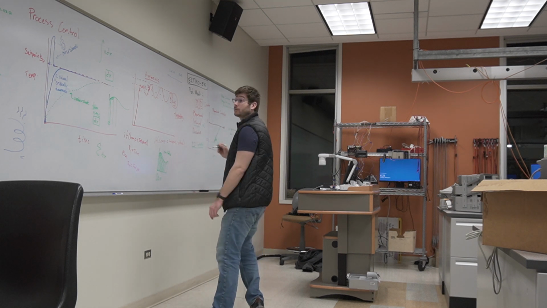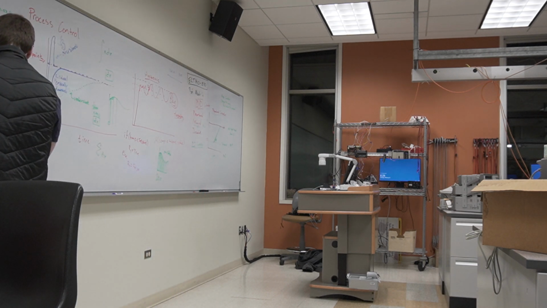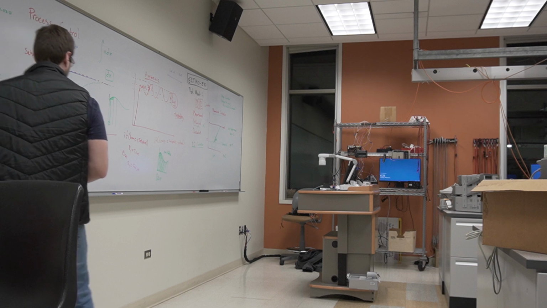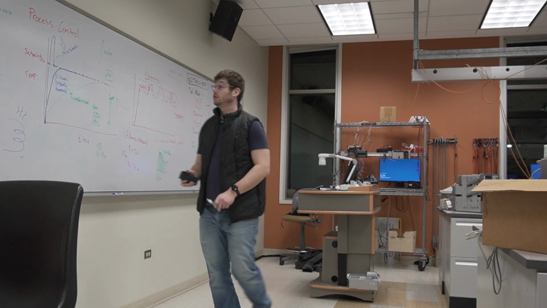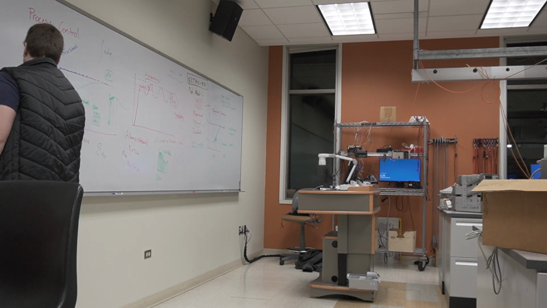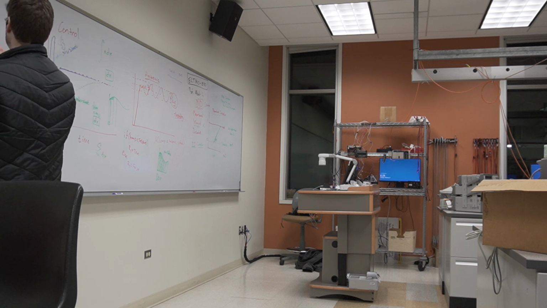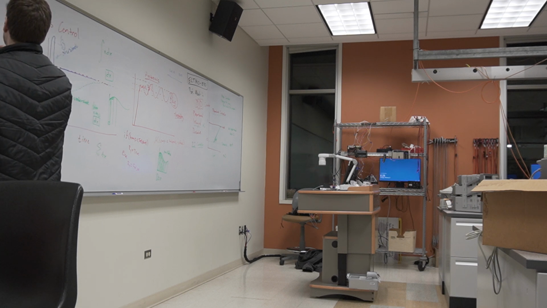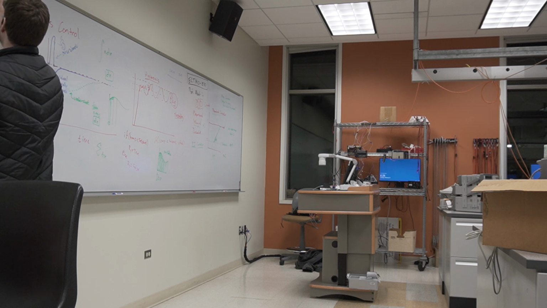Let me see here. Okay. Sorry, the board's getting a little messy. I'm going to redraw this. So the whole reason that we have this I term is to correct the critical thing that P controllers are not great at doing, which is correcting very small errors.